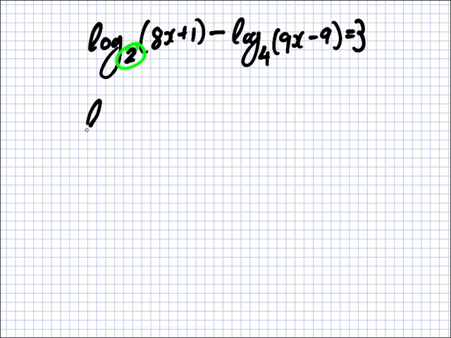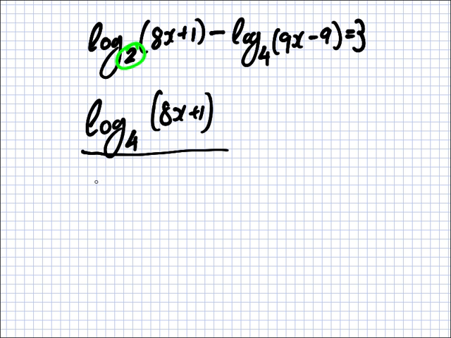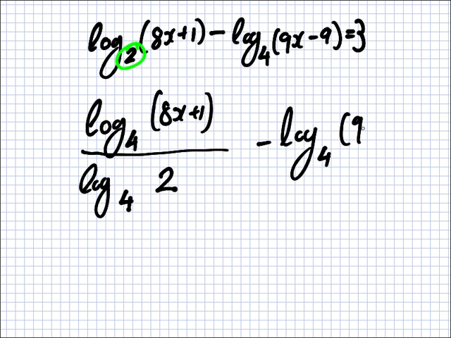So if I change this to log base 4 of 8x plus 1, what's the price I pay? I divide by log base 4 of 2. And I'll keep the other one the same. It doesn't matter which base; we can choose any of them.